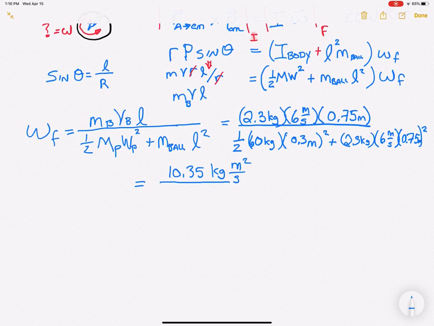And then we're going to get the bottom. So I'm going to do 0.5 times 60 times 0.3 squared.